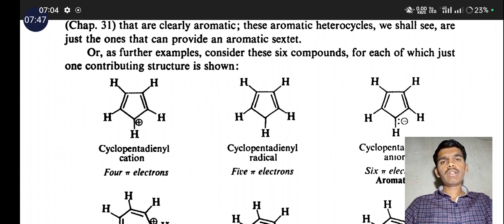We should always keep in mind the electron cloud method, that it should have an electron cloud, so that the stability will be formed. For the stability, other points are also important that are included in the Huckel rule of aromaticity.